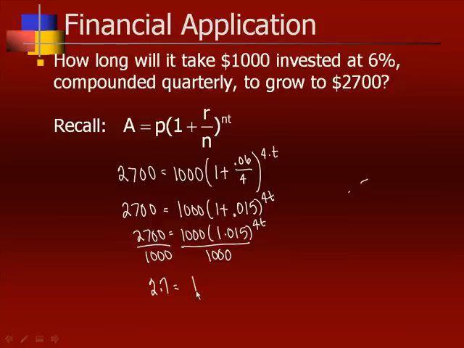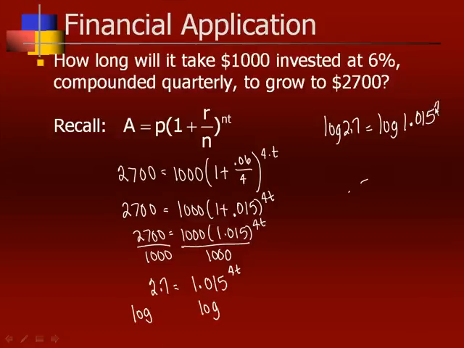So we get 2.7 is equal to 1.015 to the 4t. Now, taking the log of both sides gives us the log of 2.7 equals the log of 1.015 to the 4t.